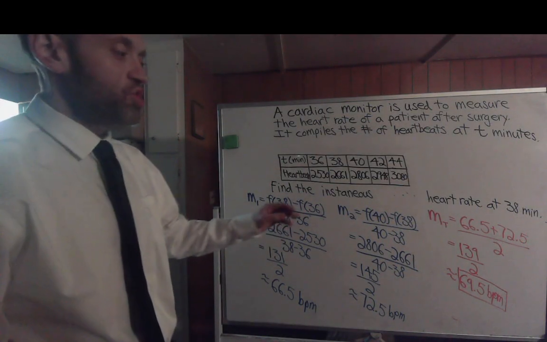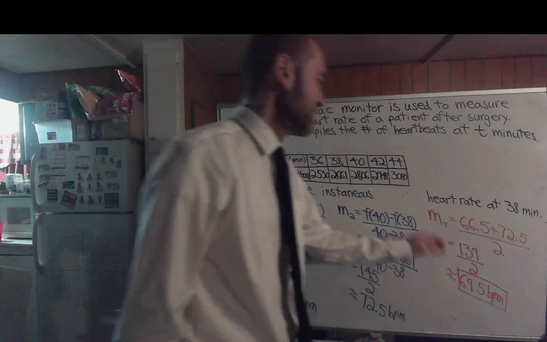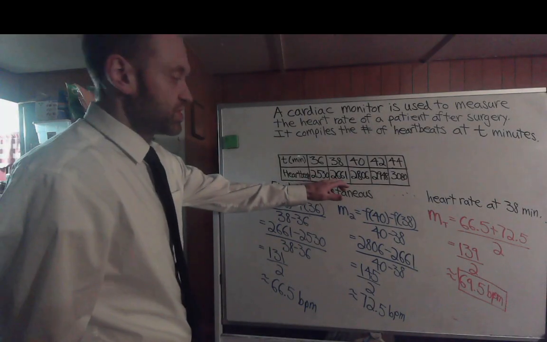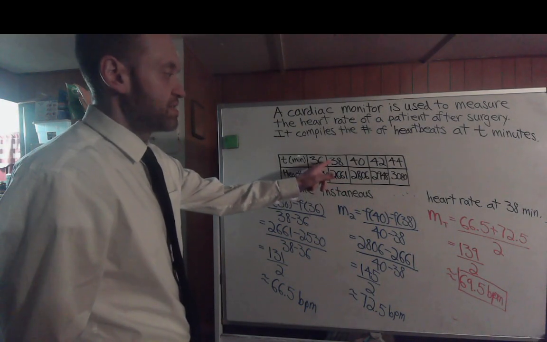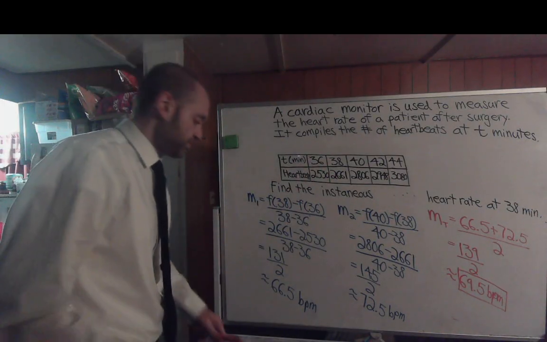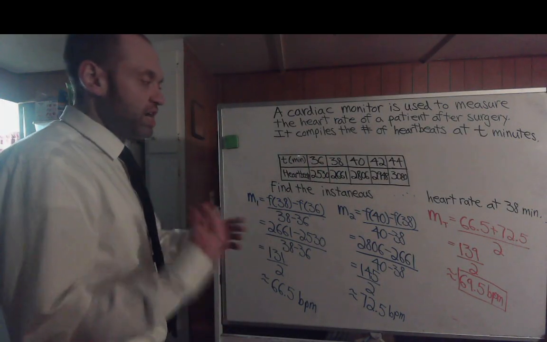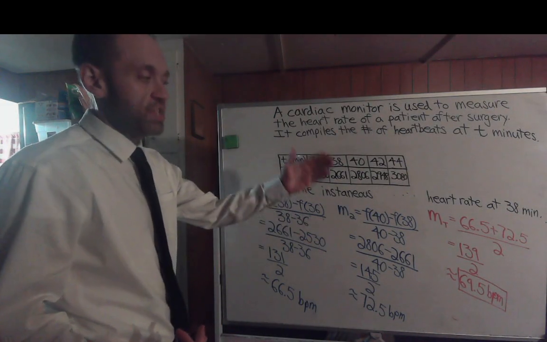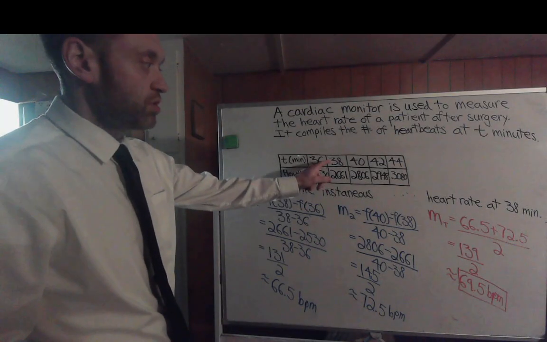That doesn't really show you the full picture of the instantaneous heart rate. And that would actually skew your results if you took the number of heartbeats, divided it by the time itself. So you're better off to find yourself a couple average rates of change and then average those, as long as you include that same time in both of those.